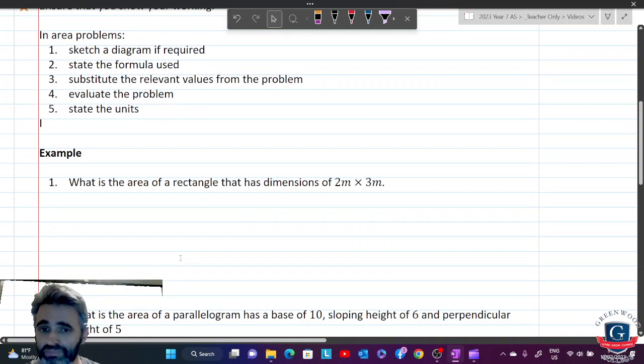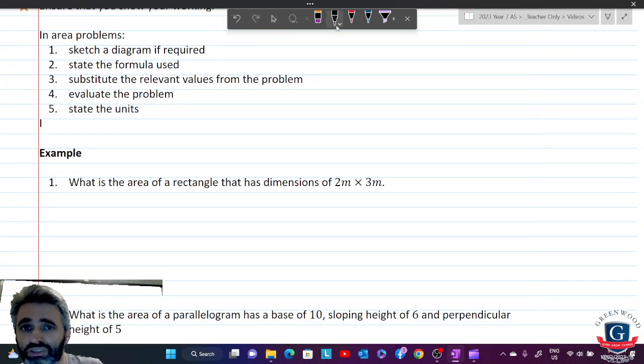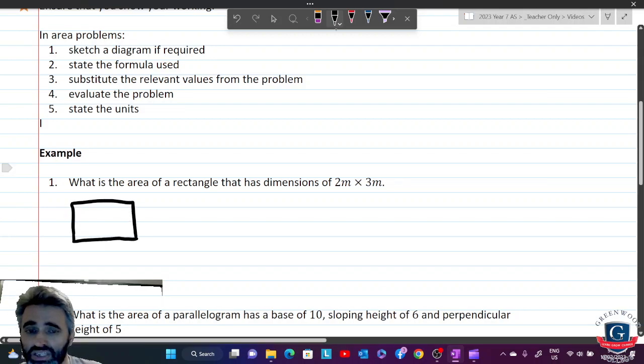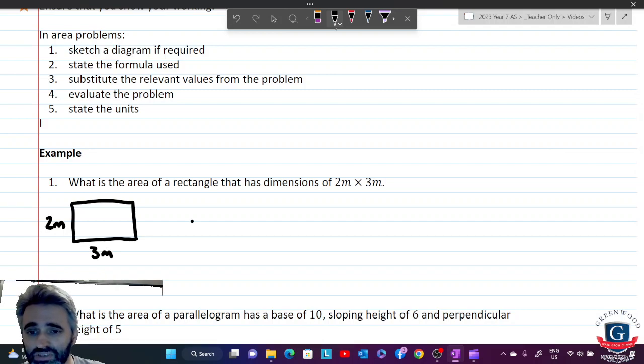So let's do one: area of a rectangle. Well, we haven't got a diagram, so we can draw one quickly, or sketch one. I'm not going to get my ruler out. And it's 2 meters by 3 meters. The next thing we need to do is state the formula used. This is a rectangle, so area equals length times width.